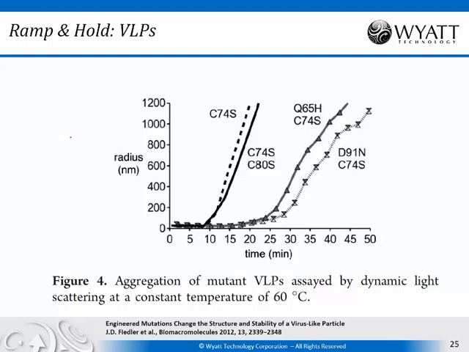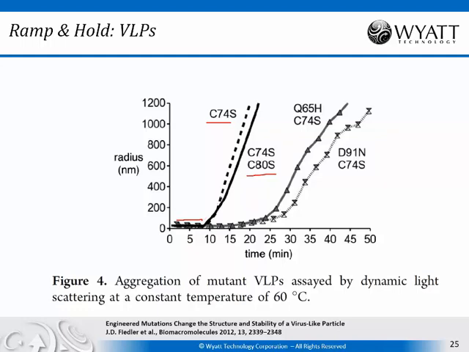In this case, the basic proteins of the VLPs were beginning to unfold and disassemble and cross-aggregate. You can see that depending on the particular type of mutant that was used, there are different rates of aggregation. They all start out for the first few minutes without aggregation, but the first, C74S, starts aggregating fairly rapidly.